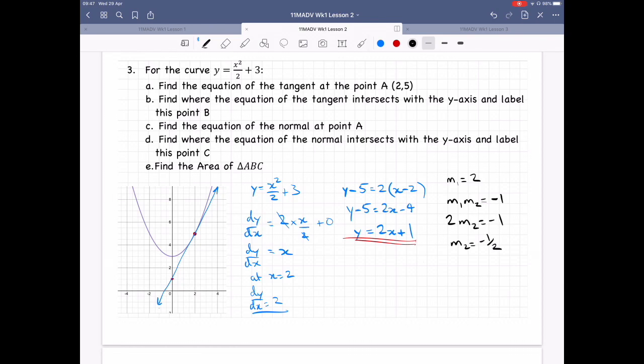So y minus 5 is going to be equal to -1/2 times x minus 2. Expanding out, y minus 5 is equal to -x over 2 plus 1.